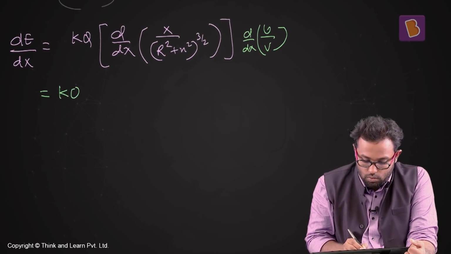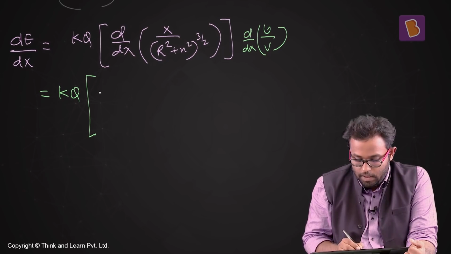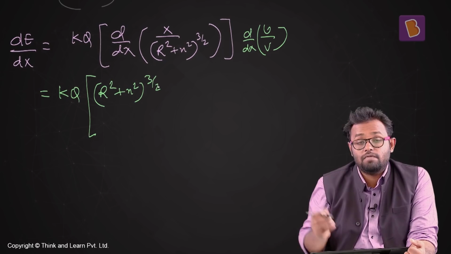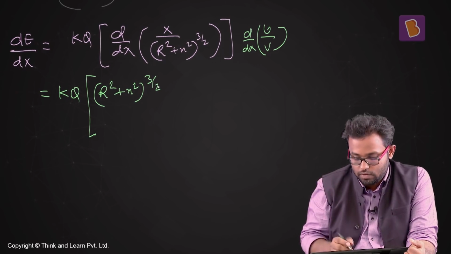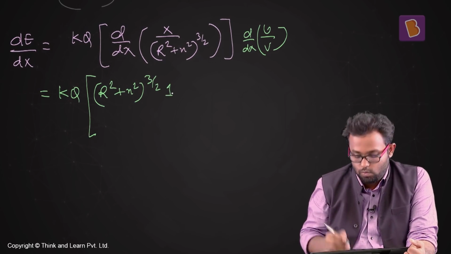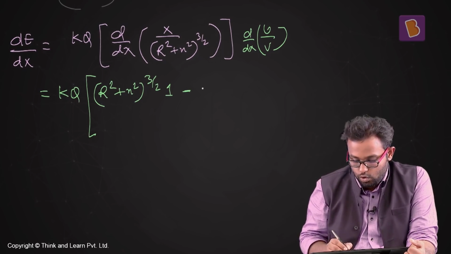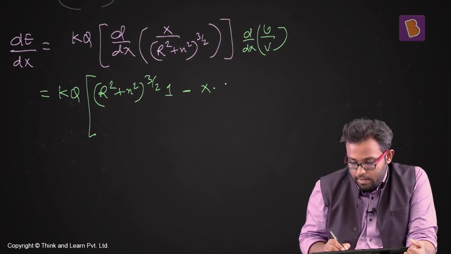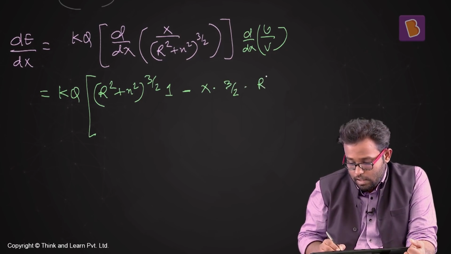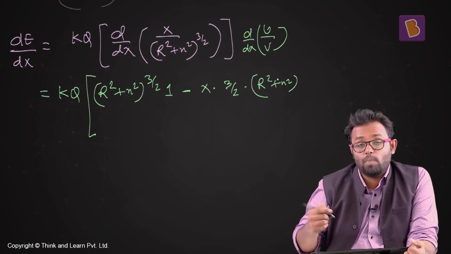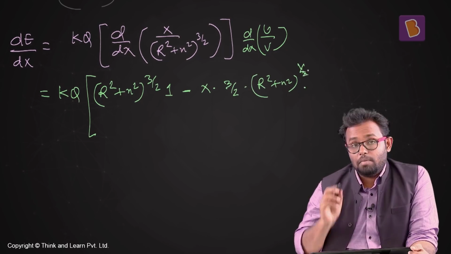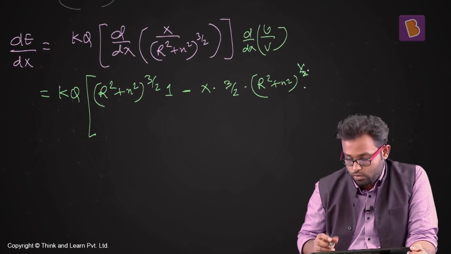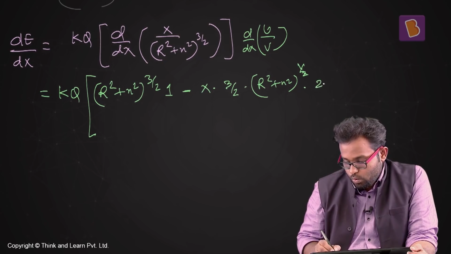This becomes equal to kq times v, which is (r square plus x square) whole to the power of 3 by 2, times the differential of u, or the differential of the numerator, which is just 1 because dx of x is 1, minus u, which is x, times the differential of (r square plus x square) whole to the power of 3 by 2, which will be 3 by 2 times (r square plus x square) to the power of 3 by 2 minus 1, which is 1 by 2, multiplied by the differentiation of the stuff inside, that is the differentiation of r square plus x square, which becomes 0 plus 2x.